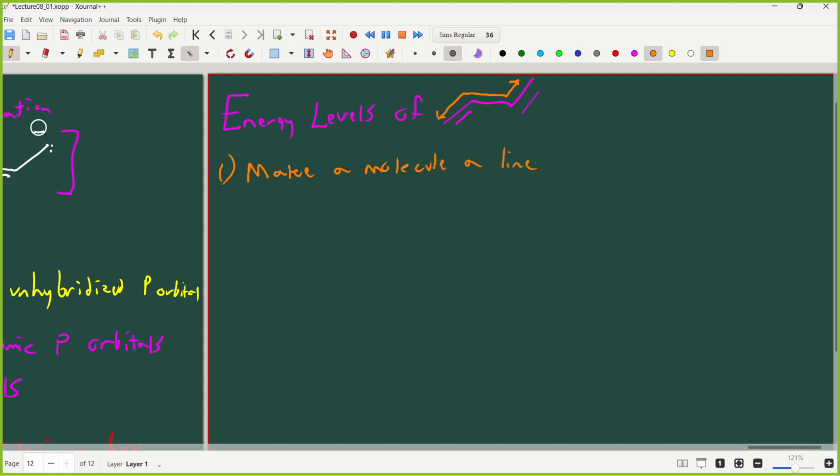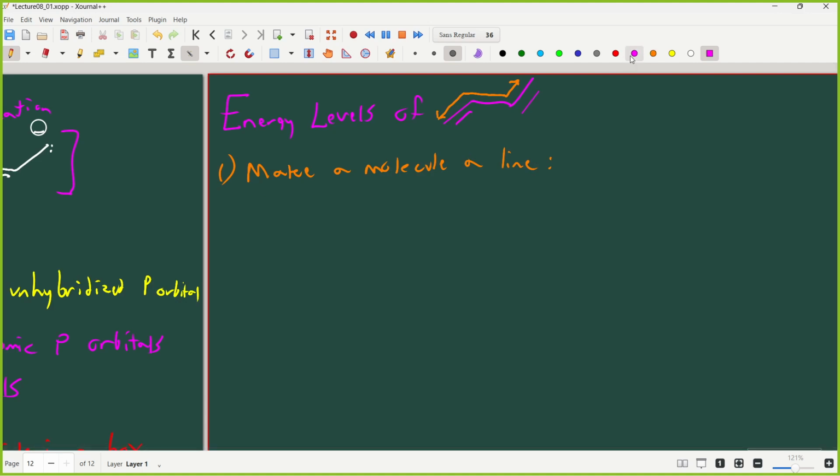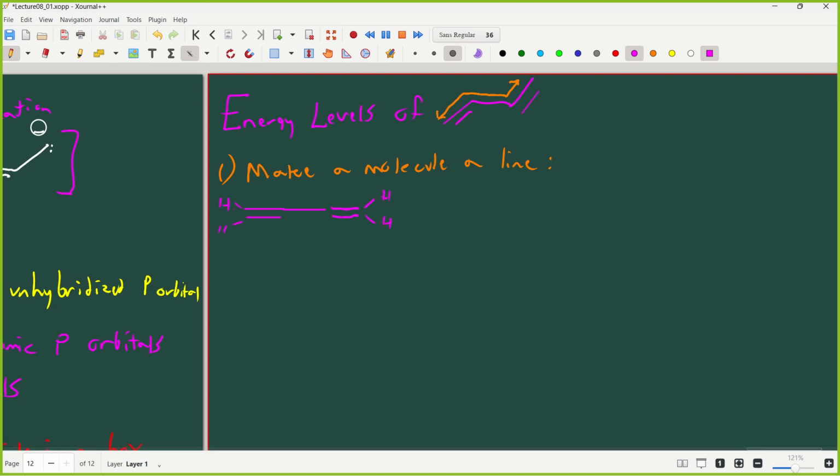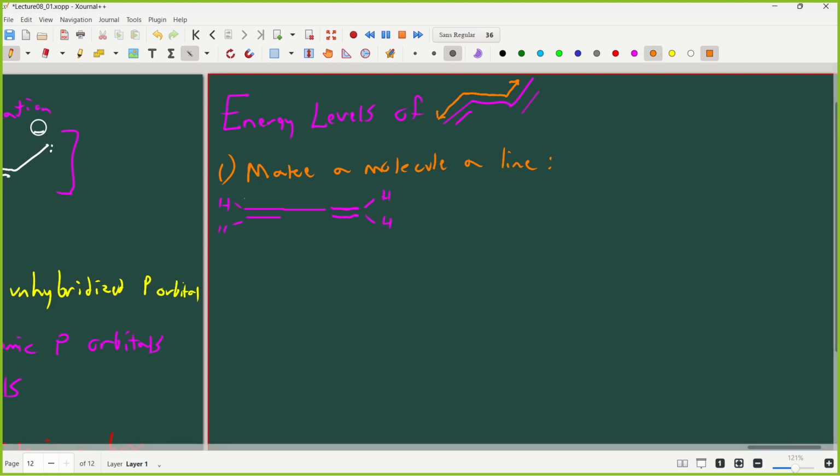I'm going to stretch the molecule out so that it looks like this, with H's here and H's here. It's the same molecule, I've just made it a line. I've stretched the molecule out, and that now makes it one-dimensional, so we can treat it as a line.